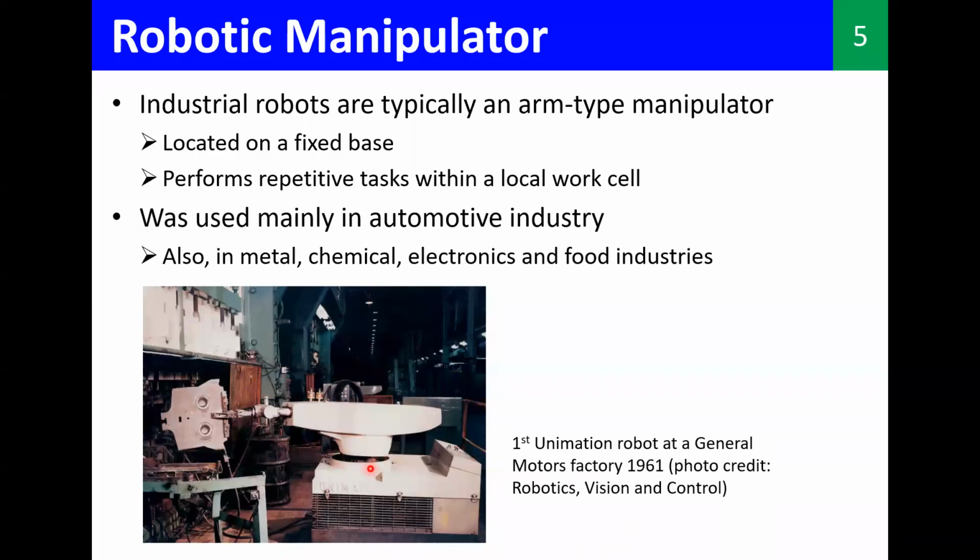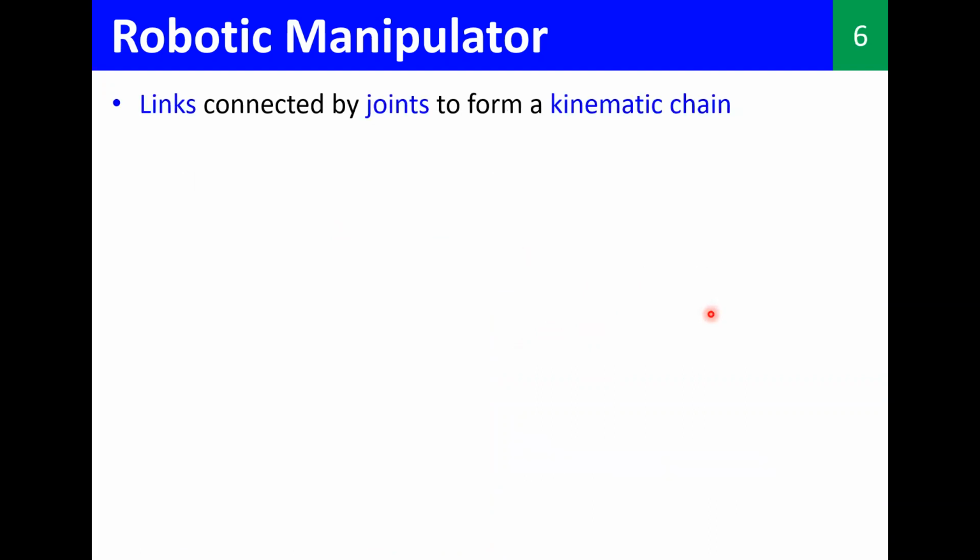And because of this fixed base, it won't be able to move beyond that designated area, right? And I also mentioned that these robotic manipulators or industrial robots in those days were used in industries like metal, chemical, electronics, and food industry. Right.